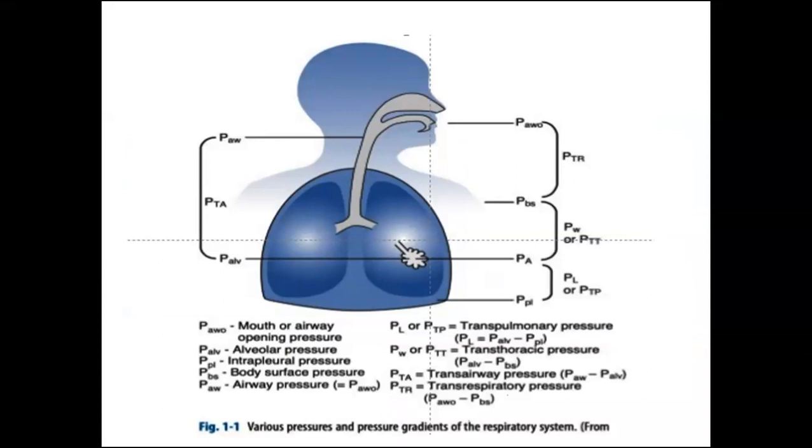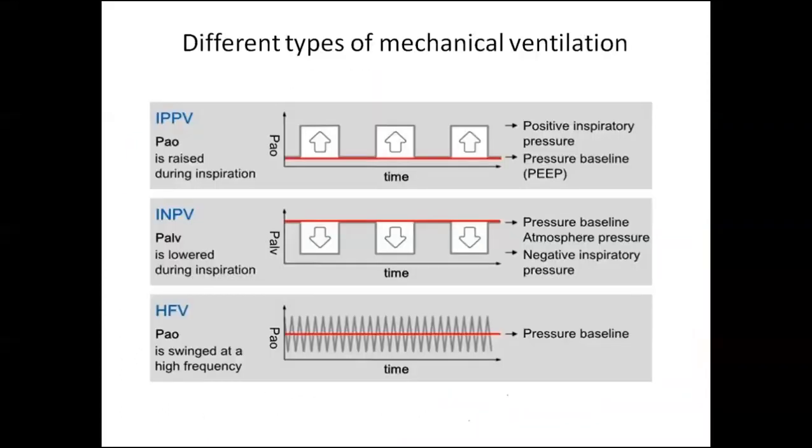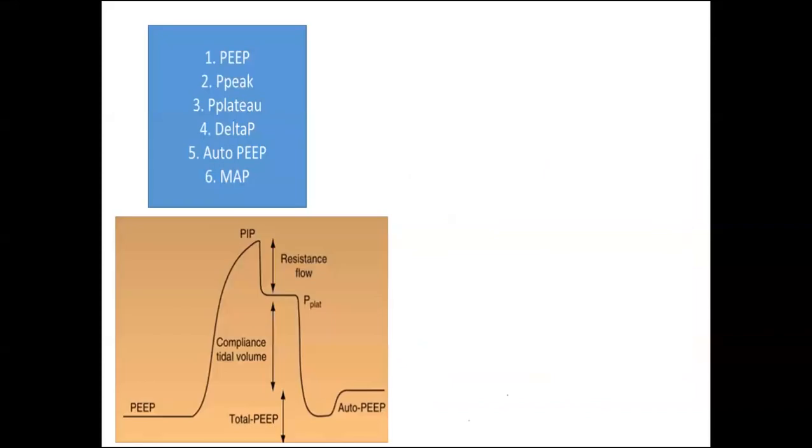Airway pressure. P plateau is airway pressure. See the diagram. Alveolar. See the diagram here. Where is the P plateau here? Pressure on alveoli. Yeah, pressure at the alveoli. See, you have taken off the resistance here.